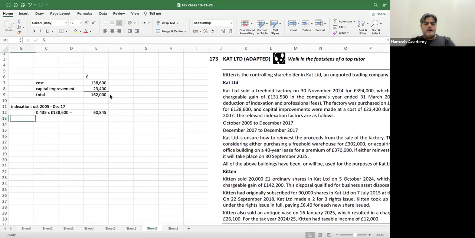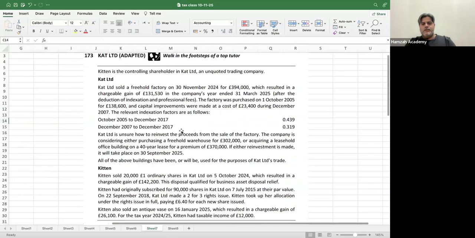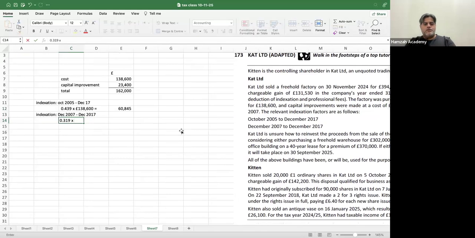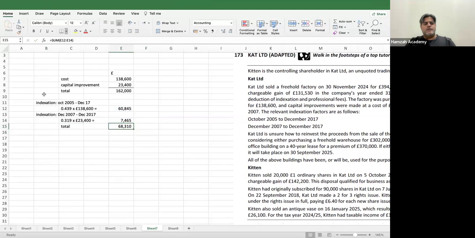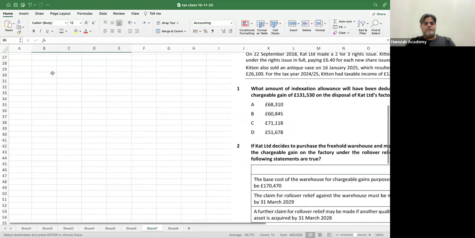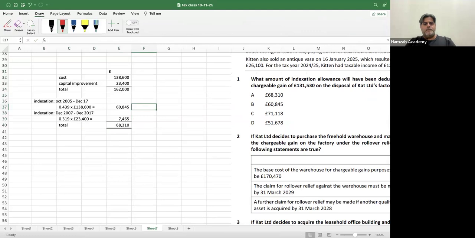Then I had indexation from December 2007 to December 2017 of 0.319 into the cost of the repairs, 23,400, which is 7,465. The total amount is going to be 68,310. So 68,310 is going to be the answer.